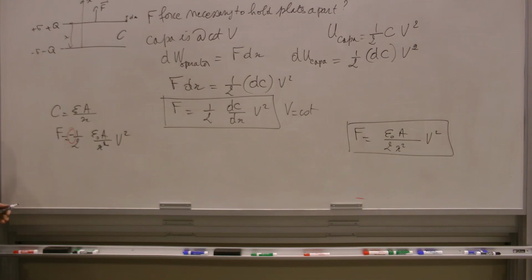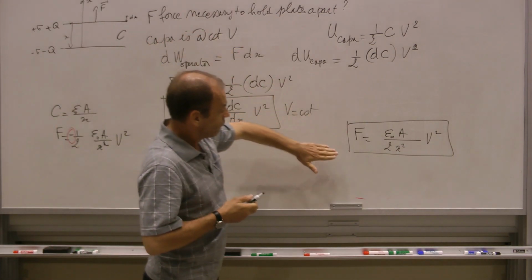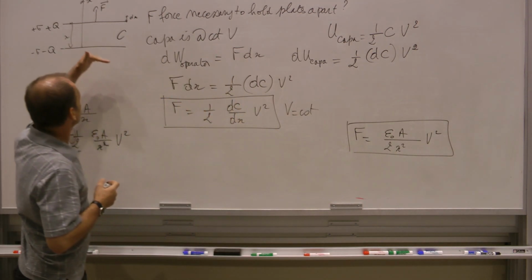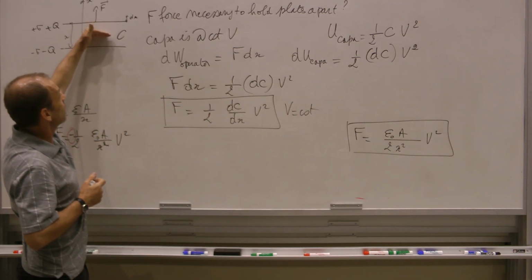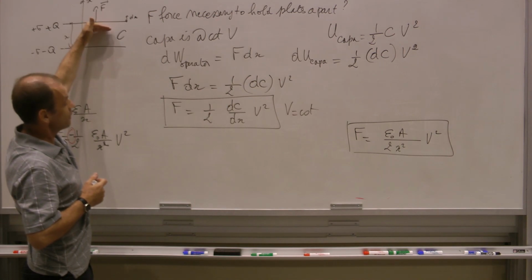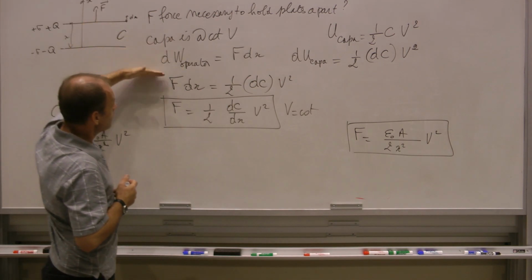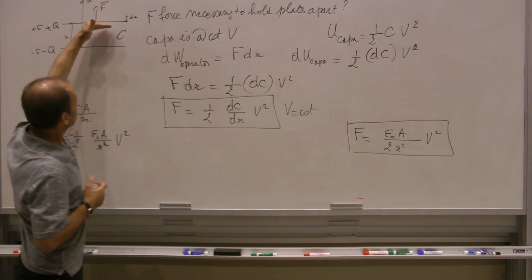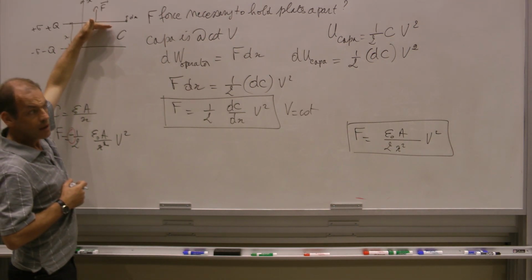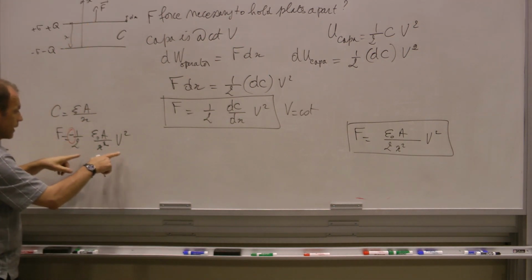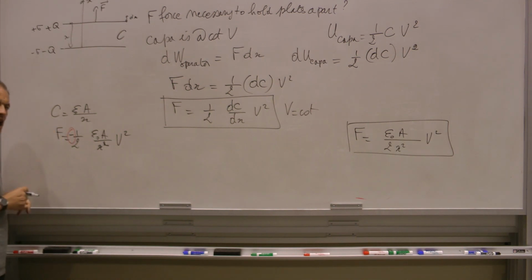And then we start to reflect on what is going on. We have calculated the force acting on the plates through methods where the plates were moving while the charge was held constant. And then we do the same calculation while the capacitor is held at a constant potential. And we get kind of the same magnitude, but there's a change in sign.